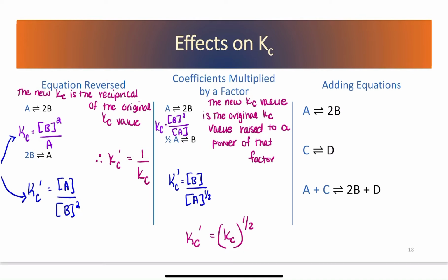And if I add equations together, if I add 2 or more chemical equations, the new Kc is the product of the original Kc values.